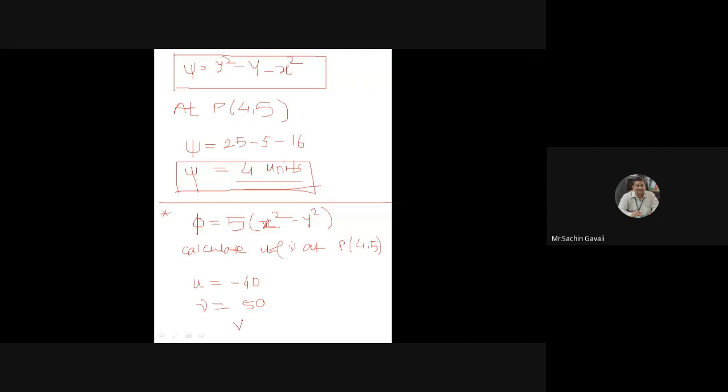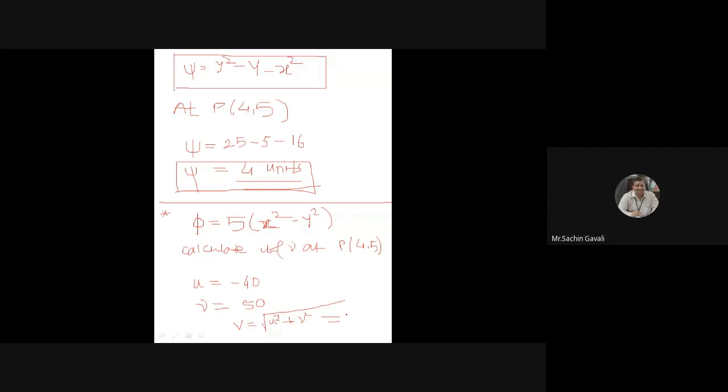If they ask you to calculate the resultant velocity, then use square root of u square plus v square, and it is coming as 64.03.